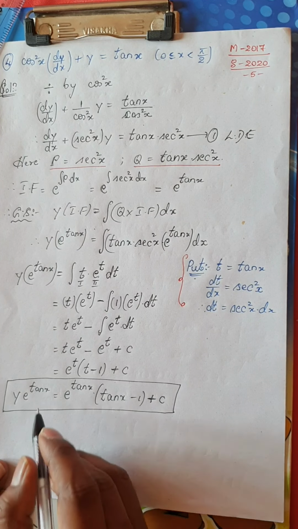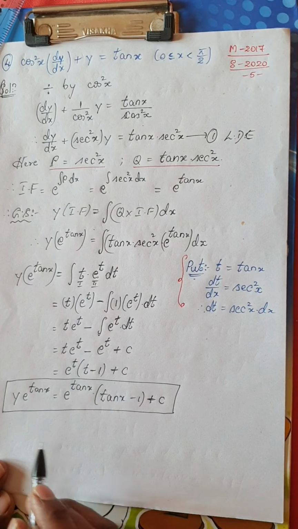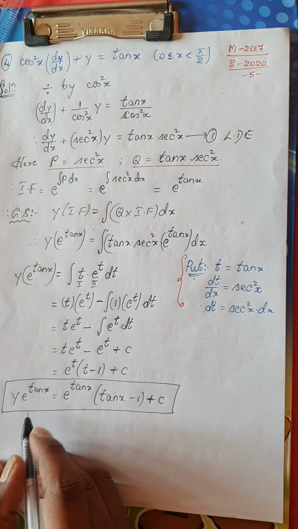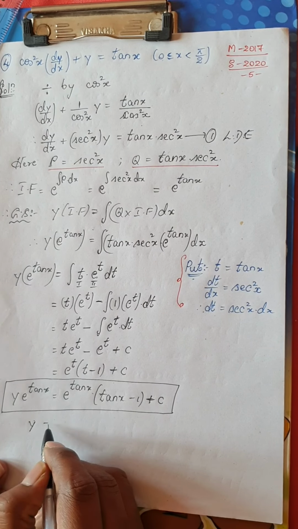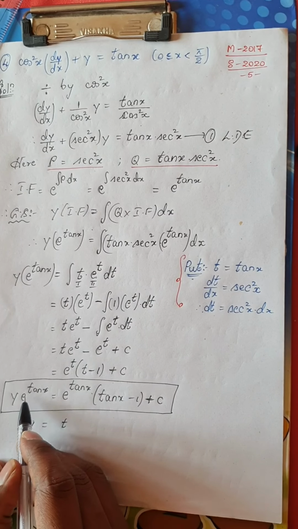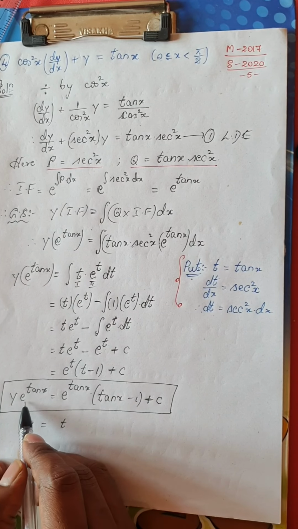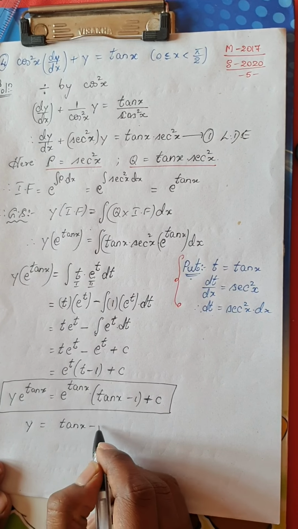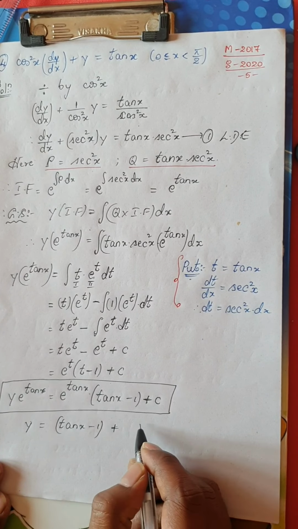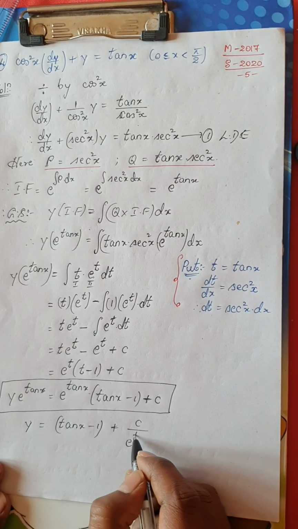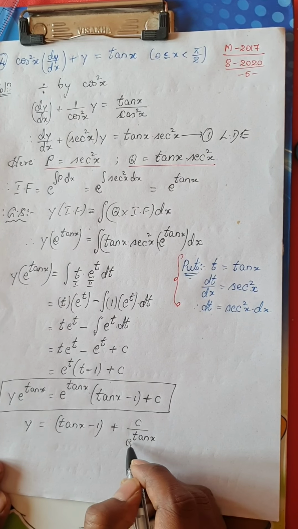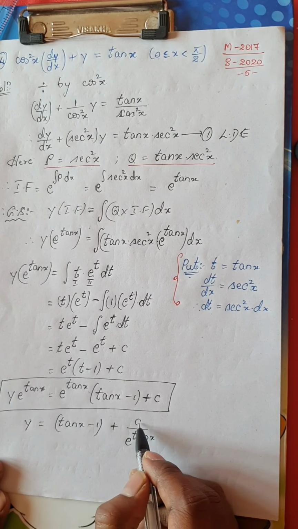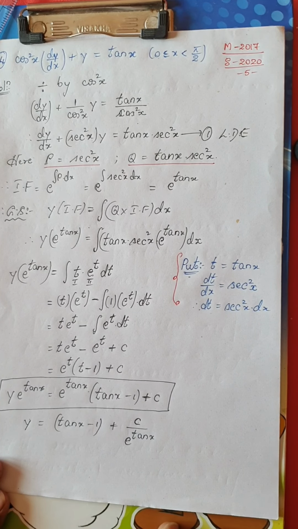If you would like to further simplify this, let us divide the equation by e power tan x. Then you will get y is equal to, when you divide by e power tan x, this e power tan x is gone, and this term is also gone. The leftover term is tan x minus 1 plus c divided by e power tan x. Isn't it? Because here you don't have e power tan x, I am dividing this.